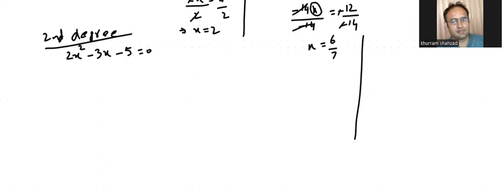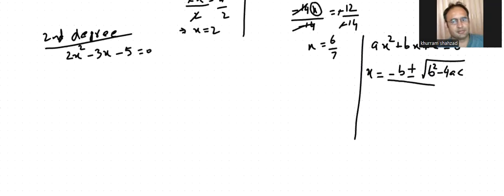Suppose this is the second degree equation, ax square plus bx plus c is equal to 0. So this is the quadratic formula: x is equal to negative b plus minus square root of b square minus 4ac, divided by 2a.